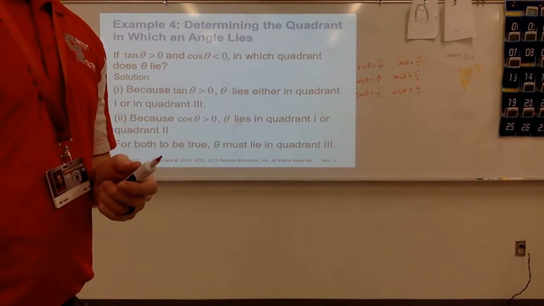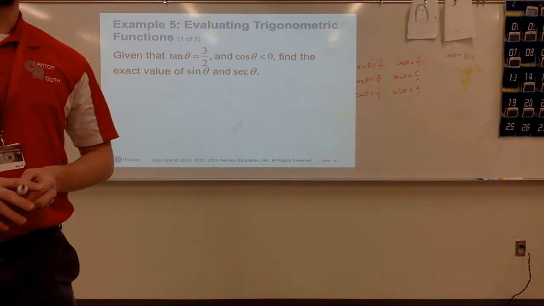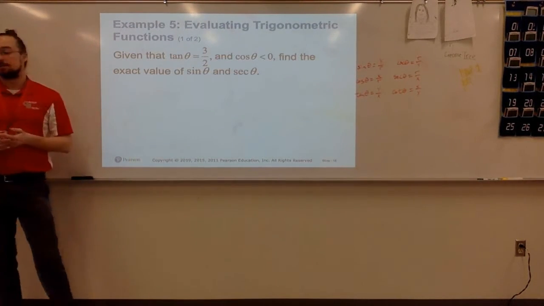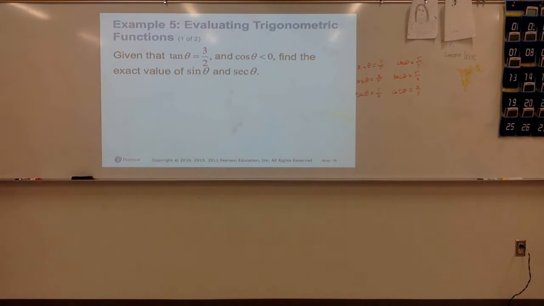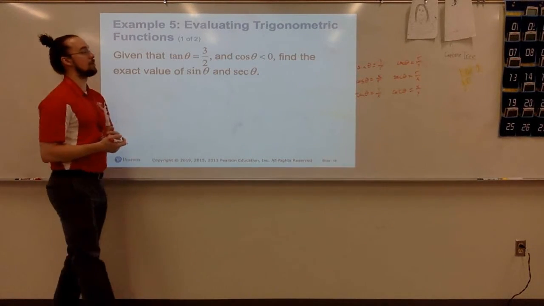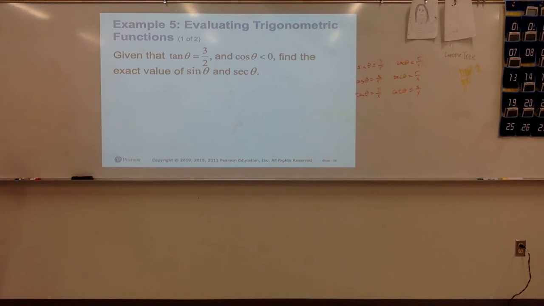So then we can go one step further, okay, and find exact values of a given angle using different pieces here. So in this example, we're given that tangent is equal to 3/2 and cosine is negative.